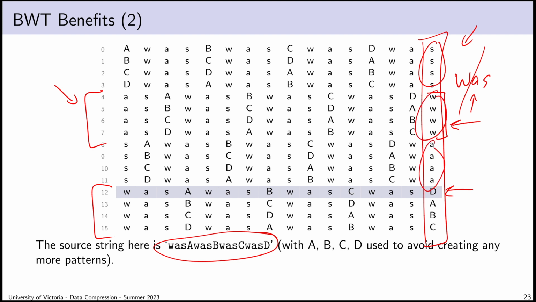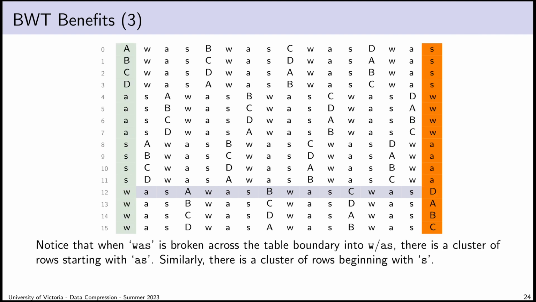I'm not guaranteed that every occurrence of A will be right next to each other in general, although that does happen here with all of my lowercase a's. But in general, when I have these recurring 2-character patterns, the BWT is really good at batching them together into runs of consecutive characters, which is great because it means I can then put RLE to work, and RLE can actually get some results.